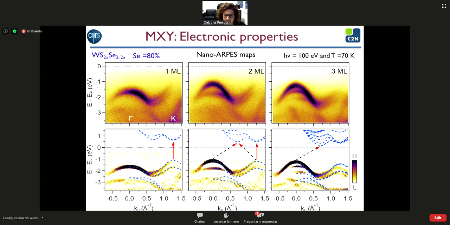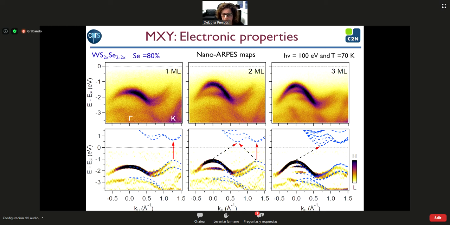For the bilayer, in this case, the cause of this peculiar behavior, the theory tells us, depends a lot on the opening of the pz orbital of the selenium atom. In fact, this opening tends to increase the value of the valence band here at the gamma point, but also decrease the position of the bottom of the conduction band between the gamma and K point.